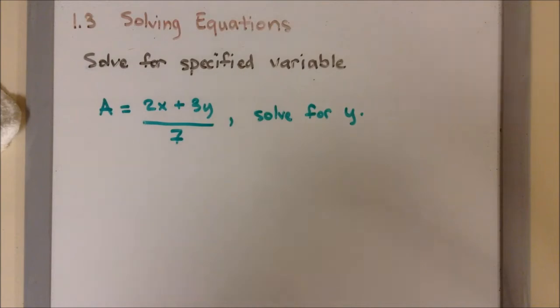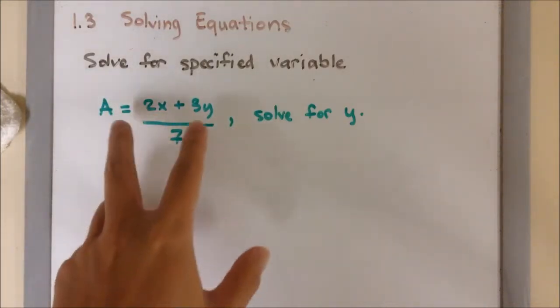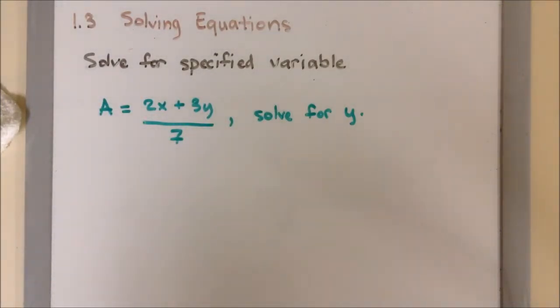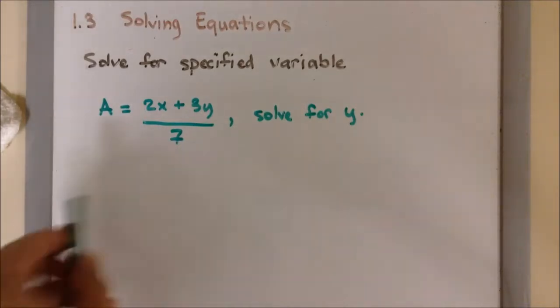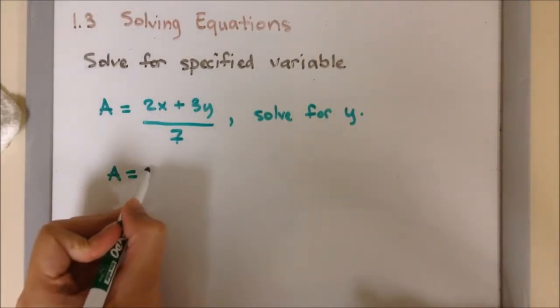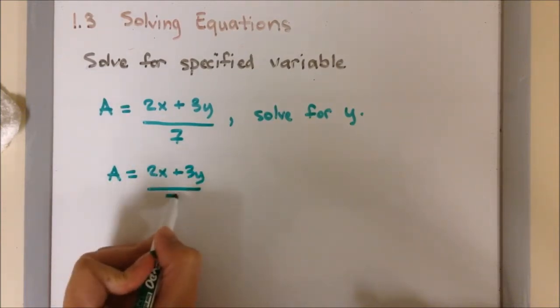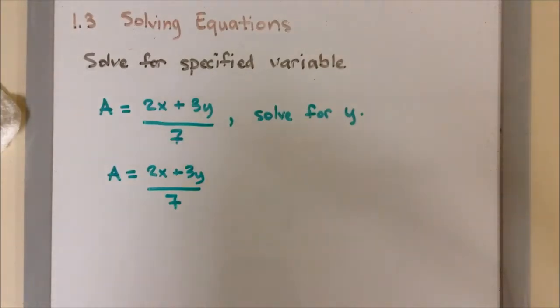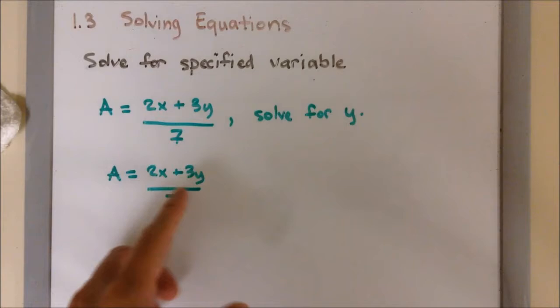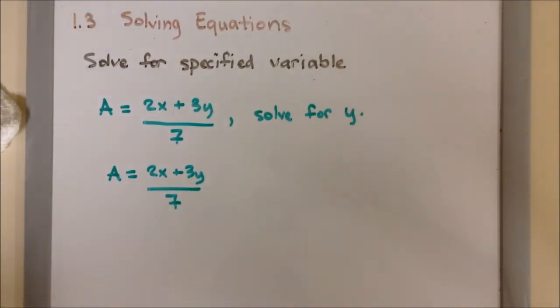And it's asking you to solve for y. So that means I need to get everything else to the other side where y is by itself. Now, I'm going to rewrite just the problem. In order to get y by itself, I need to get 2x plus 3y by itself, meaning I need to remove the 7.